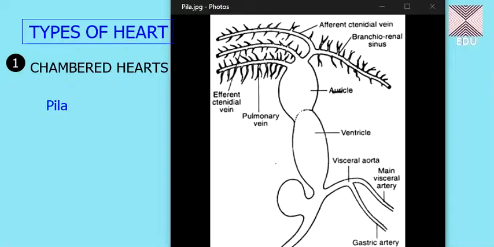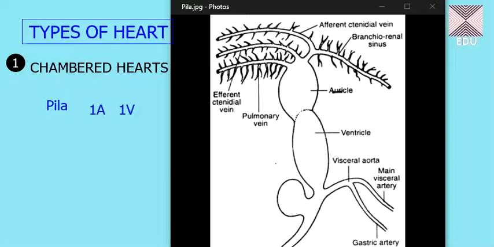Now students, after unio, we have the second example of pila. Now in this animal, we have a single auricle and a single ventricle. So these are the two chambers present in the pila. So the heart consists of two chambers.